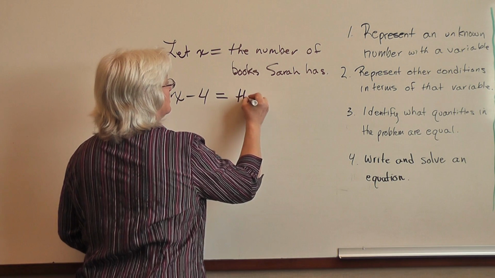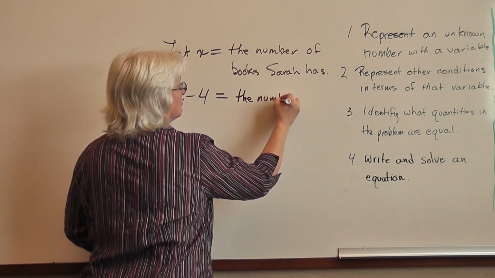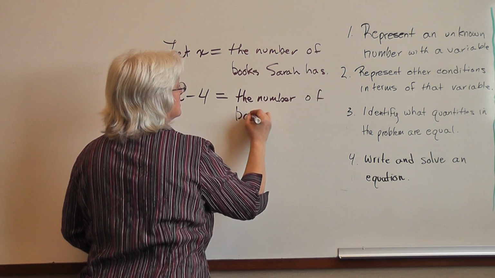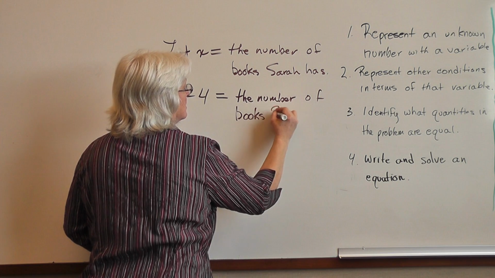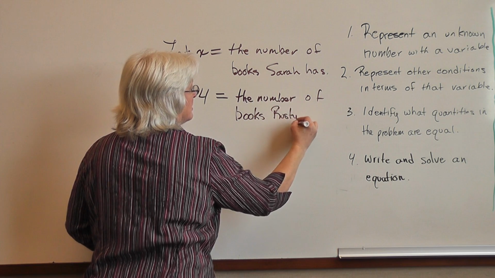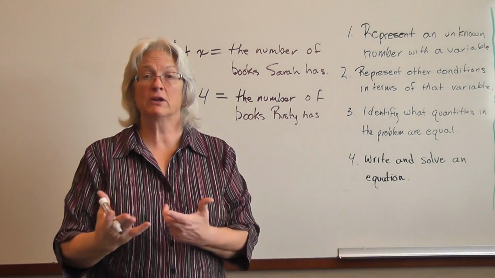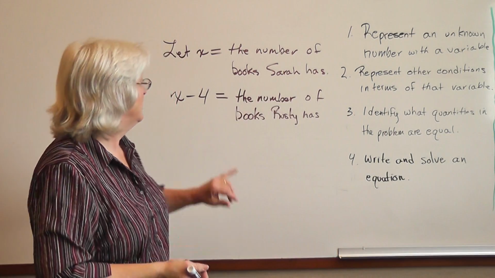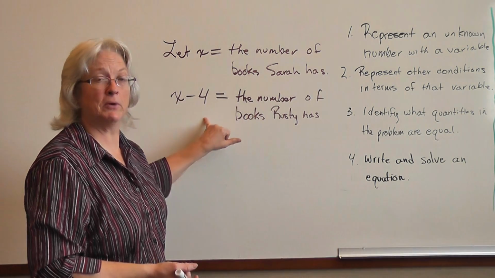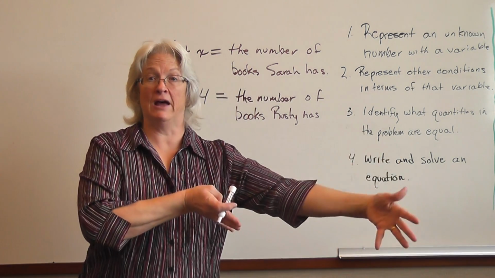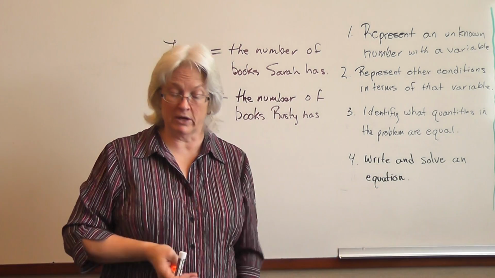That gives us the total number of books that Rusty has. So now we have represented every condition in this problem in terms of the same variable, and we want to see what 2 conditions we can set equal to one another.